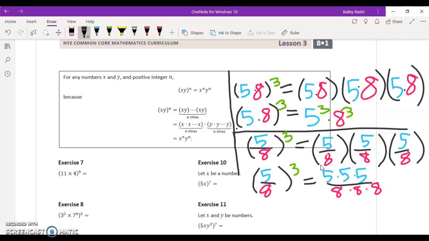And we know that when we are repeating the multiplication, it's the same thing as writing the base, and then the exponent is how many times we're repeating it. So we have a 5 that we multiplied 3 times, and then we divided, and we have an 8 that we multiplied 3 times too.